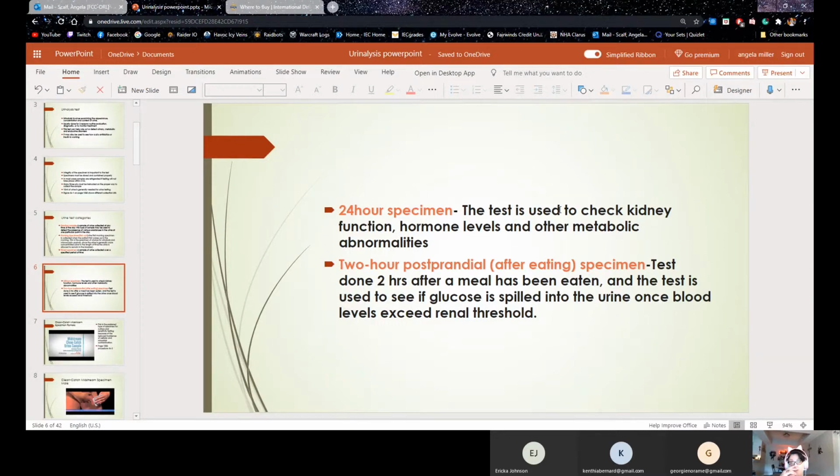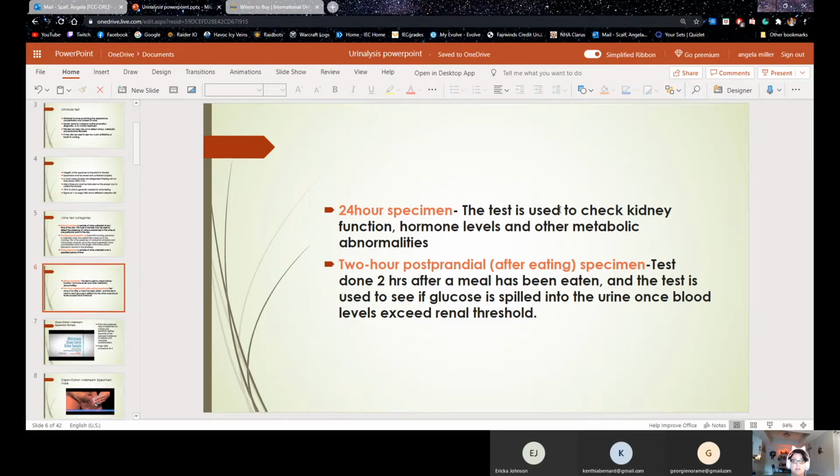This is common for people who have renal disease, and for people who are looking for kidney stones and stuff like that, because it's a good way to test the long-term, like a 24-hour value, instead of just a quick peek of what we normally give at the doctor's office.